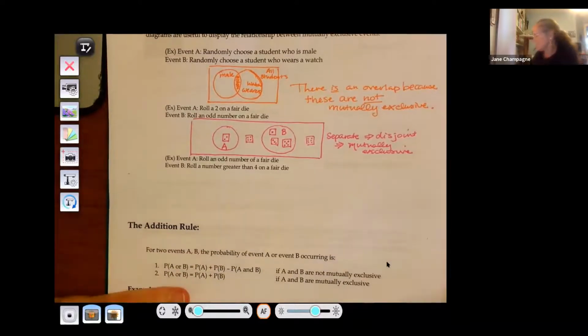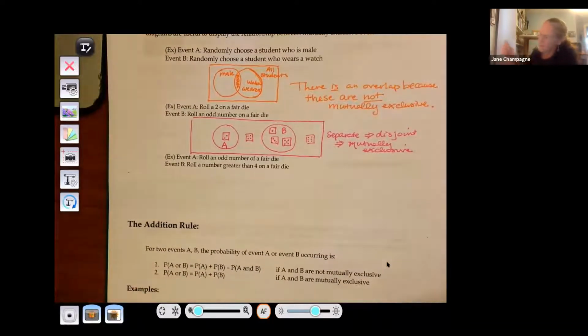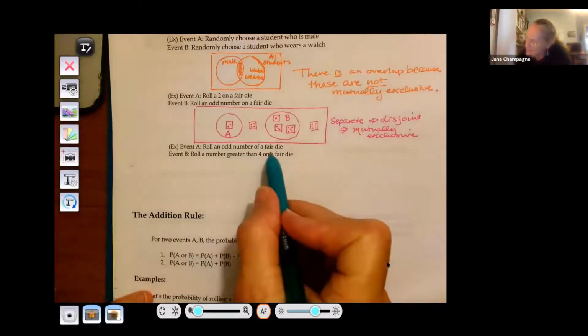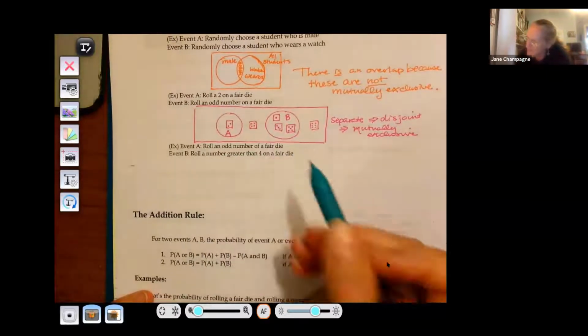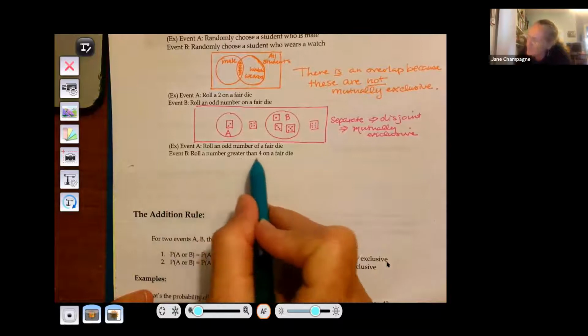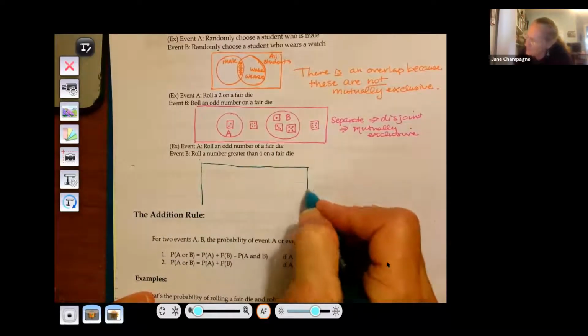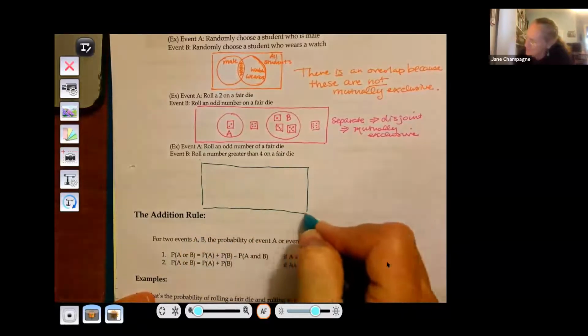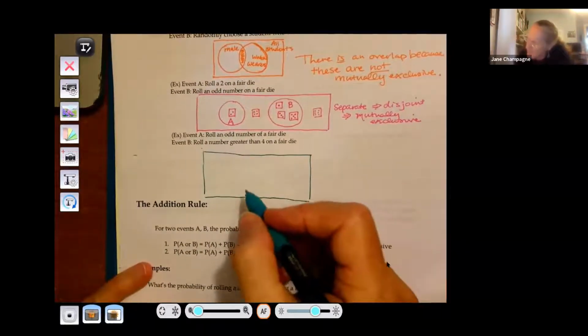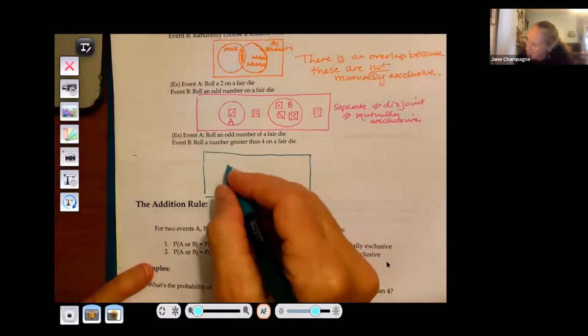Okay, one more example. Event A is rolling an odd number. All right, so that's actually the set. Event B is rolling a number greater than 4. Okay, so here's the Venn diagram of rolls again, but now we want A to be an odd number. So A is going to be 1, 3, or 5.